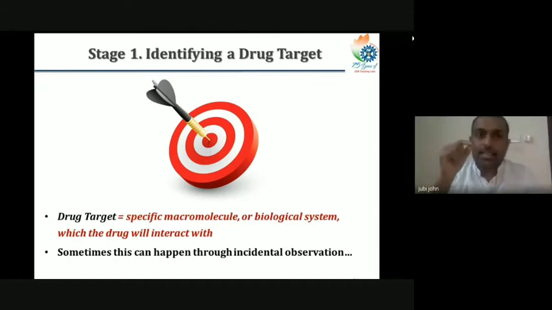And then this drug has to enter our cell and selectively attack only the virus. That is the main problem. There are thousands of drugs which can kill viruses in the lab, but when given to a human being, it will not only kill the virus but also harm the human being due to the side effects.